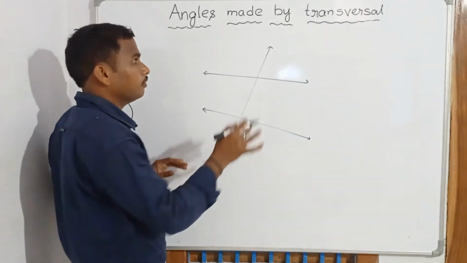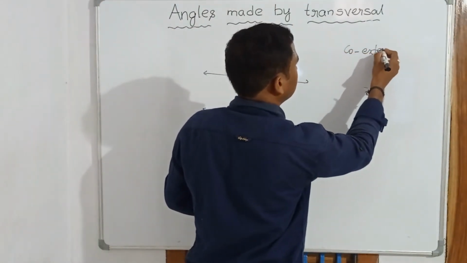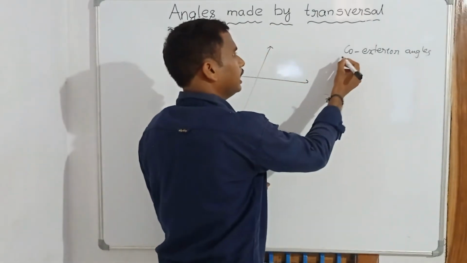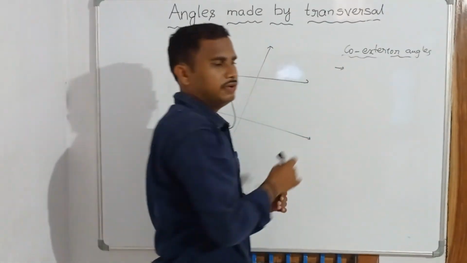Co-interior angles completed. Okay. Co-exterior angles. We know co-interior angles. What is the first property? Different vertex.